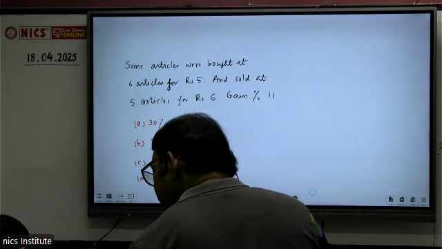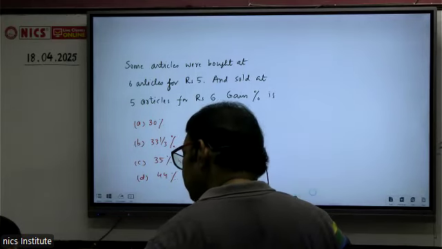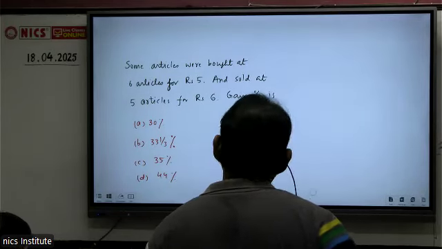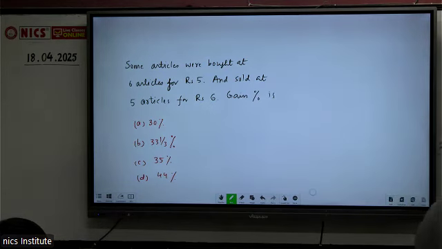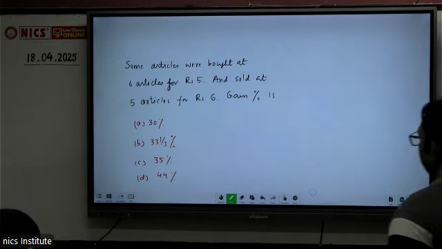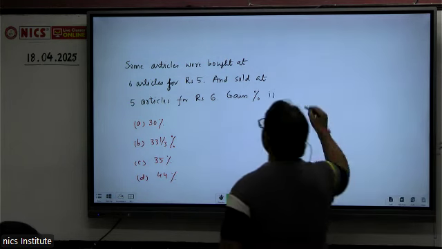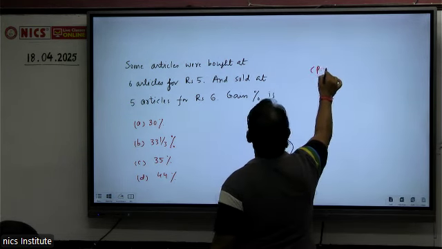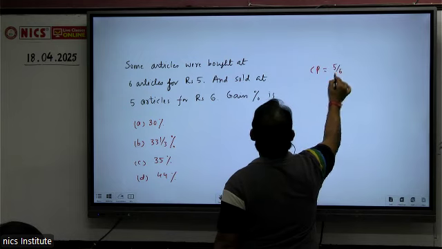CP and SP would be for one article. 6 articles for rupees 5. So what is CP for one article? 5/6.